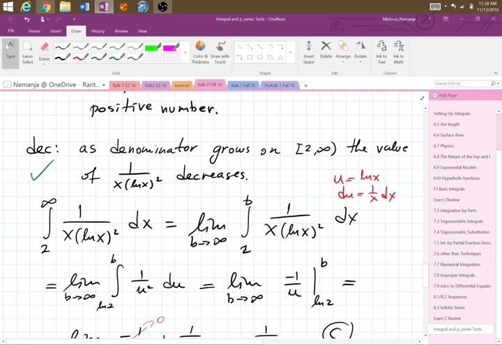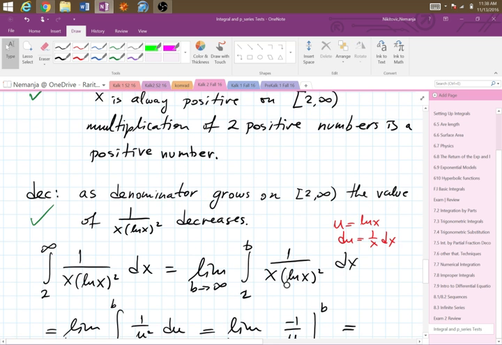Now decreasing you can do in a few ways. You can actually use the comparison from the discrete part, where you show that the k plus 1 term is always smaller than the kth term. Or you can simply take the derivative of the function and check that it's negative across the domain that it's given to you.